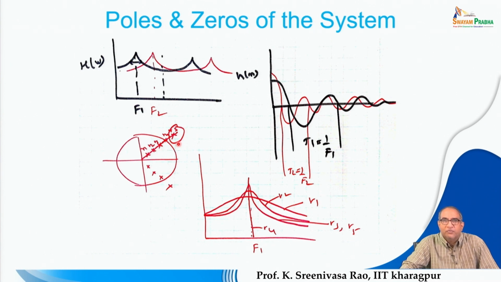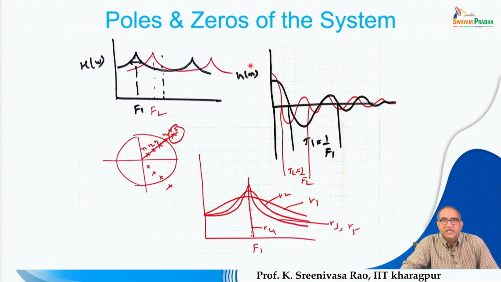Otherwise, if some poles and zeros are outside the unit circle, we say the system is unstable, because the response is not damping, it is anti-damping. That means there will be oscillations, but their strength keeps increasing, so they do not converge at all.